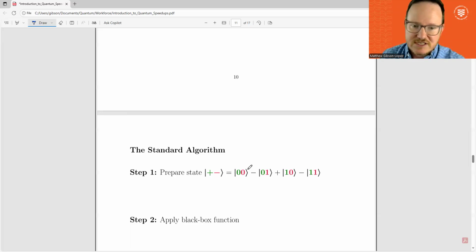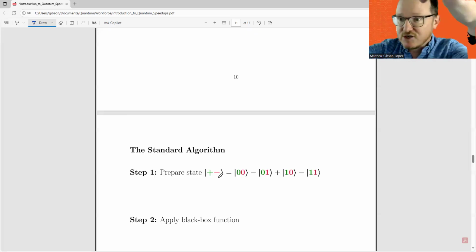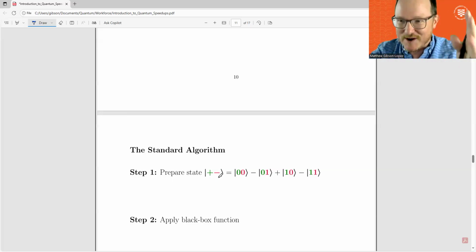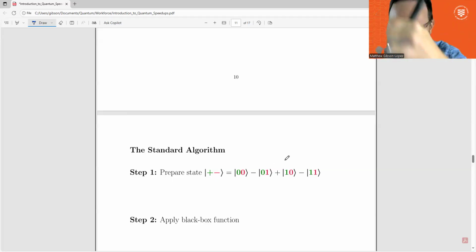Okay. So this is the state that we prepare. We send it to the oracle, and then once again, through quantum parallelism, you could think of it as the oracle getting applied to each of these four things all at the same time.